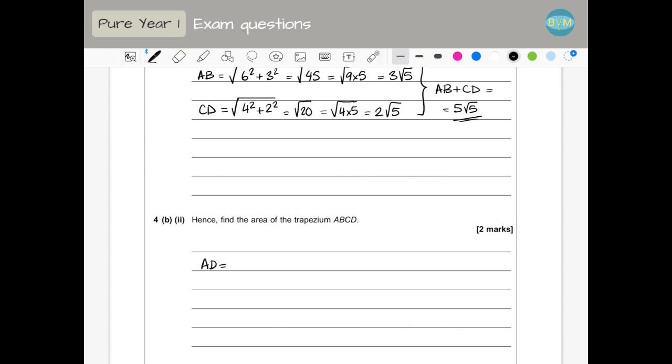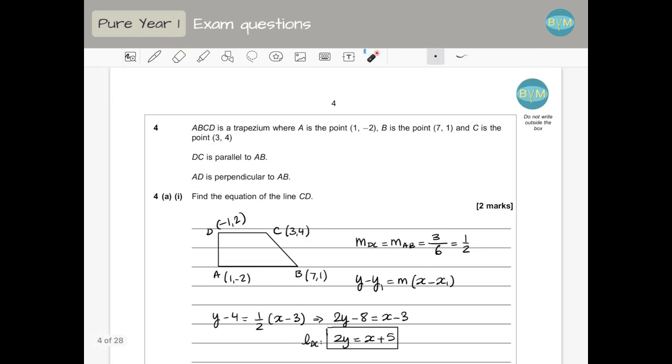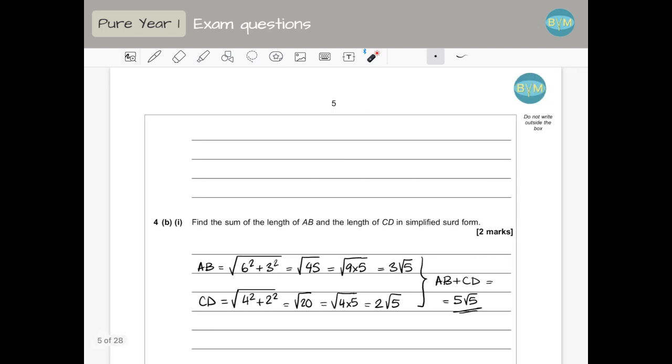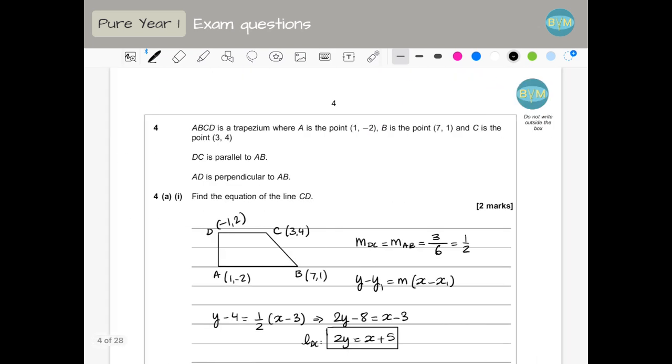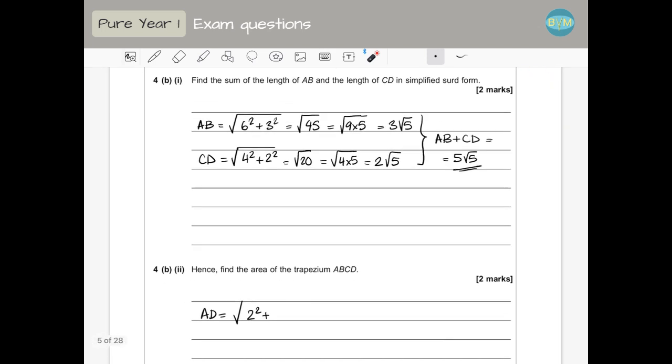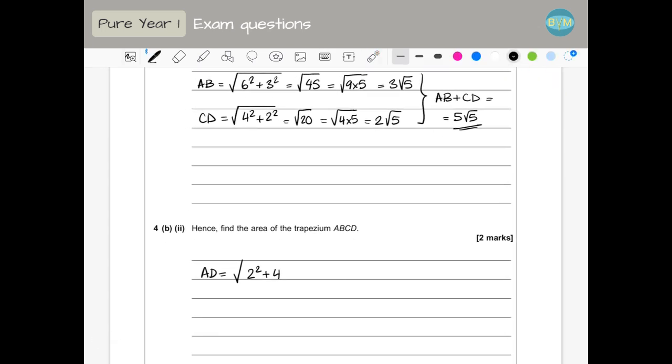AD is the square root of the difference in x, 1 minus minus 1 is 2, so 2 squared, plus the difference in y, minus 2 minus 2 is minus 4, so 4 squared. 2 squared plus 4 squared is 20, so AD is 2 root 5.